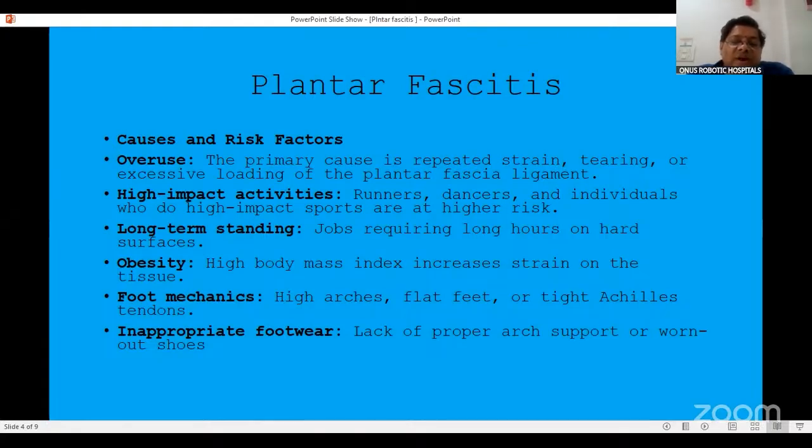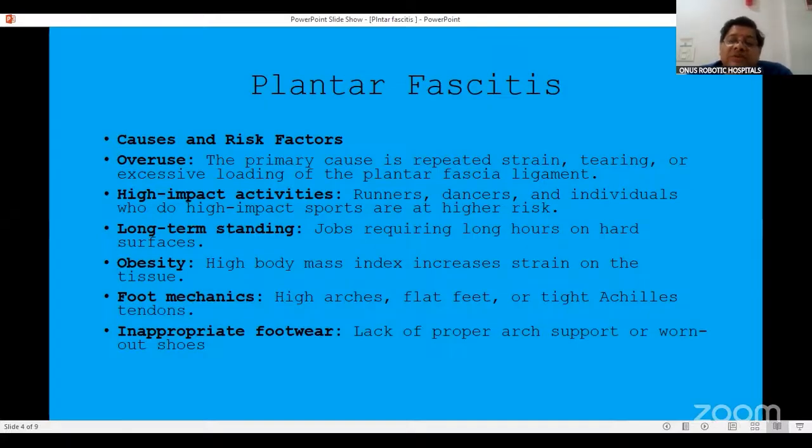Then there are high impact activities: runners, dancers, high jumpers, pole vaulters, and long jumpers, where you land on your heel. You might even sometimes have fractures. Jobs requiring long-term standing are also a risk.